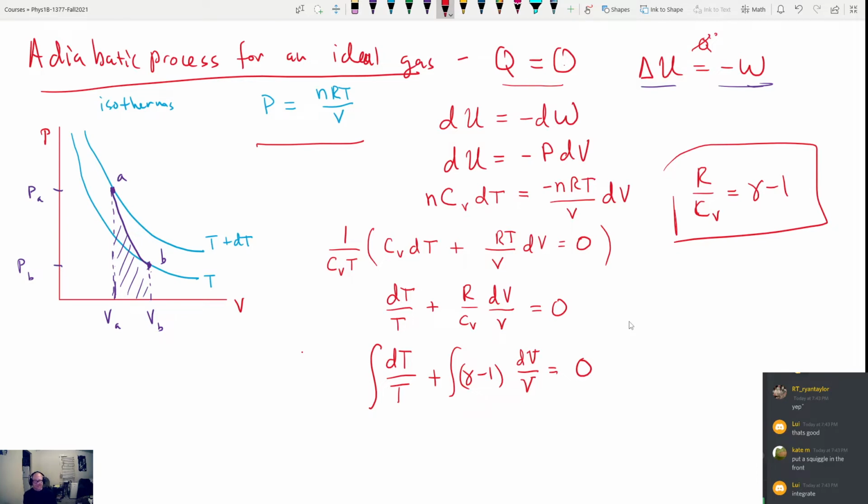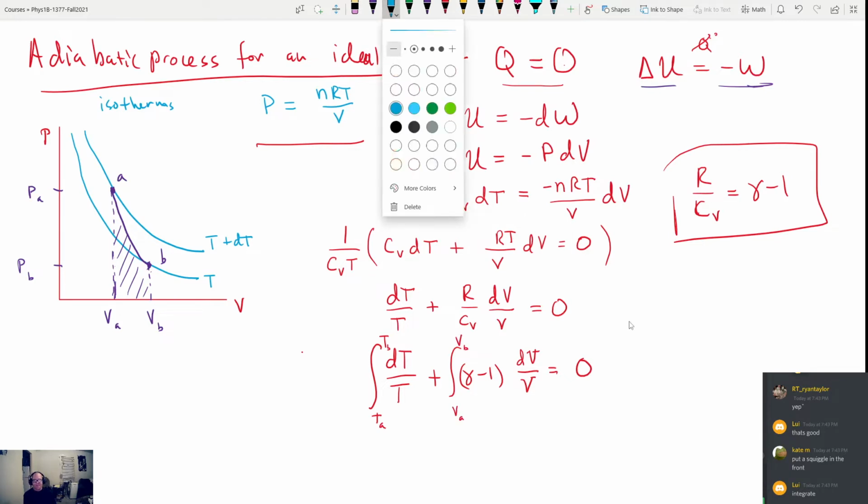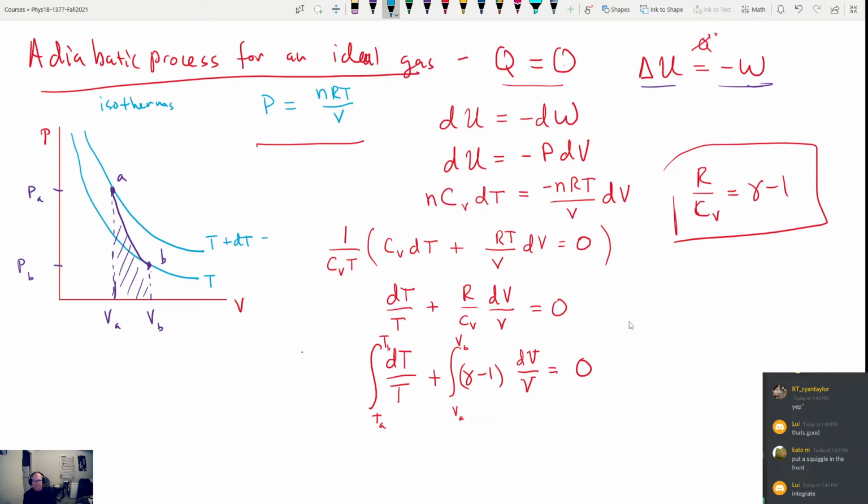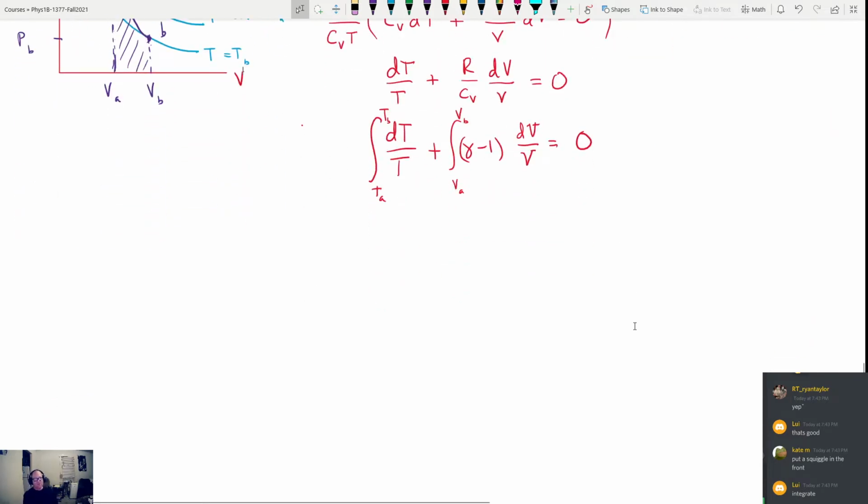So we're going to integrate between our two temperatures. I'll just call this TA and TB, okay? And we'll call this volume A and volume B. We could go back to our picture right here and just indicate that this would be TA and this would be TB, okay? Then our equation will now become a couple of logarithms.